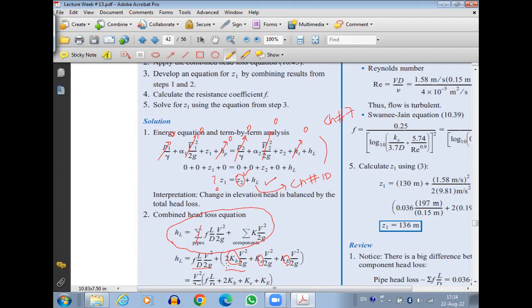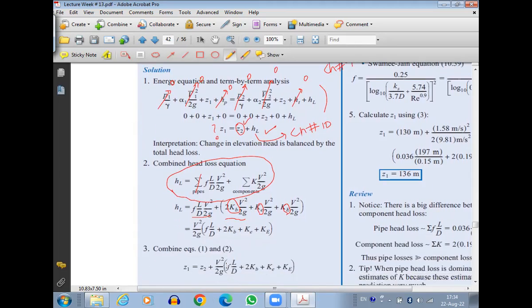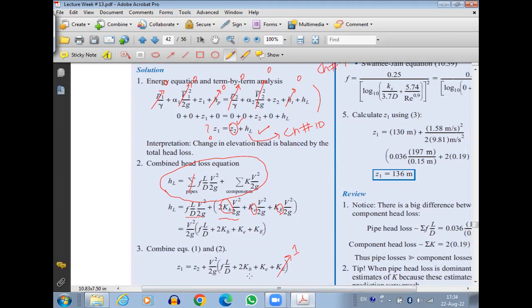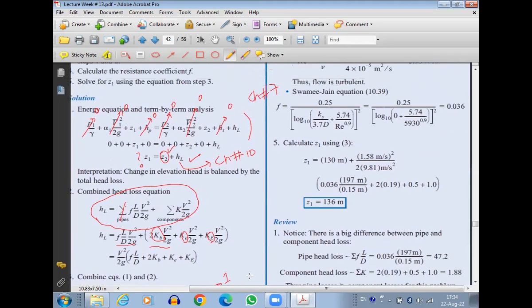For the case of exit, it was shown previously that the loss coefficient is 1. So for the exit, we already know it's basically 1. But for the entrance and for the bends, we can actually determine them.